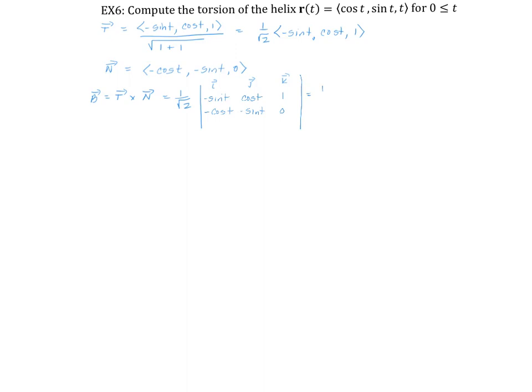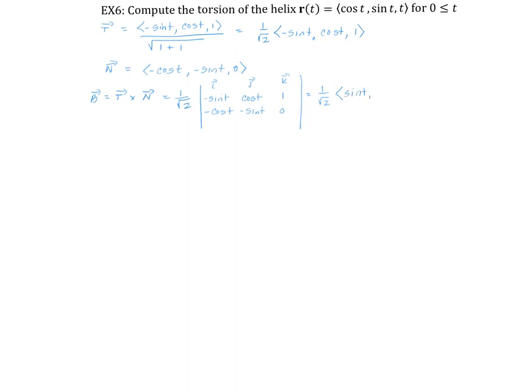When I cross, remember I still have the 1 over the square root of 2. I'm going to leave it in vector form. It's easy for me to see that this is going to be covering the I. It's 0 minus a negative sine, so it becomes sine.